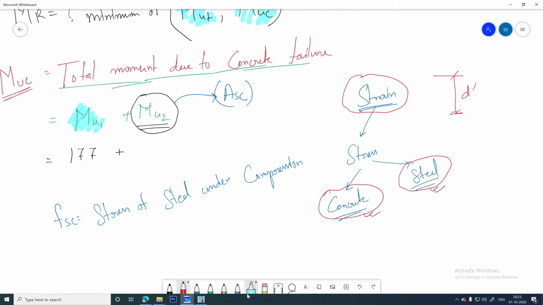Stress of steel under compression is the most important thing in the doubly reinforced beam design. How can we get the value?